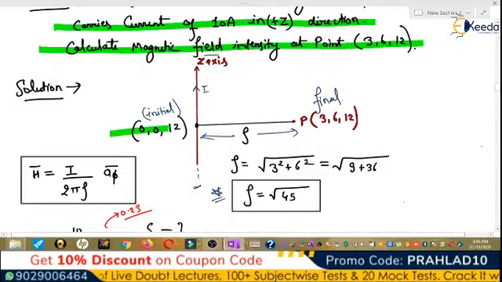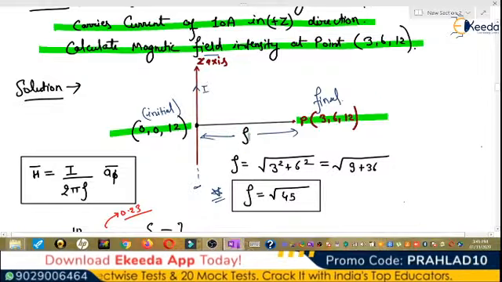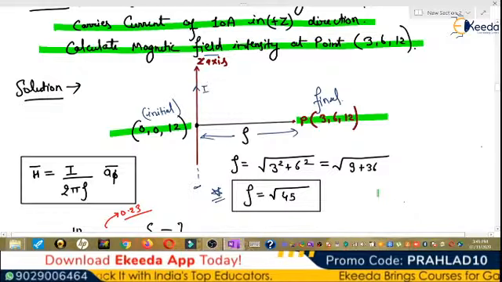The initial point will be 0, 0, 12, and this is the final point. The perpendicular distance between these two is rho. So rho is equal to the square root of 3 squared plus 6 squared, which is the square root of 9 plus 36. So rho is equal to root of 45.